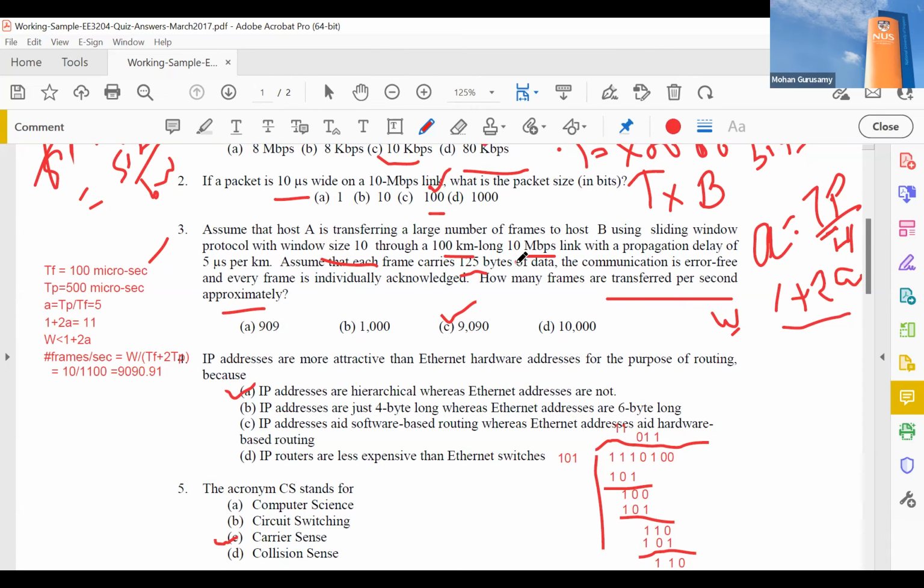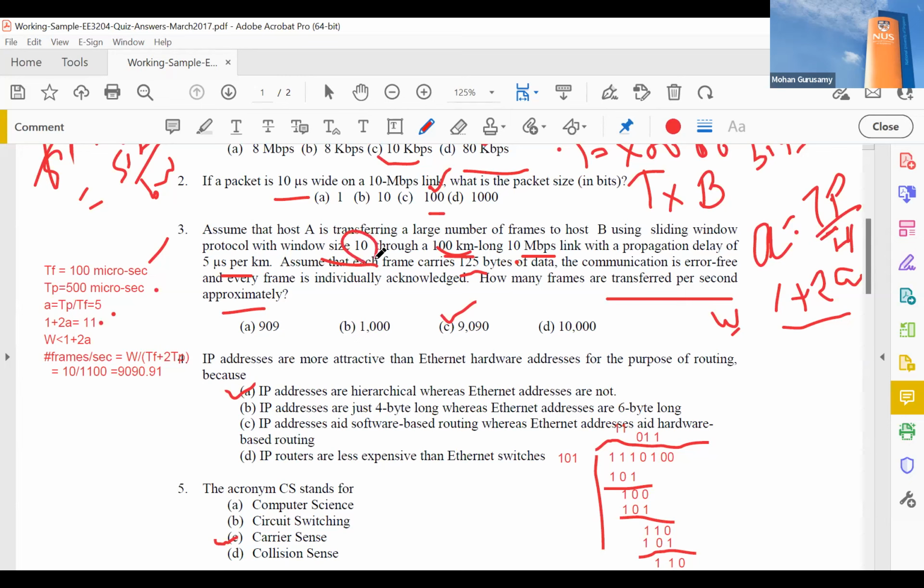What is the propagation time? 5 microsecond per kilometer. The total length is 100 kilometer. So 500 microsecond. That is the propagation time. What is small a? TP by TF, 500 divided by 100, that is 5. What is 1 plus 2a? 11. What is W?